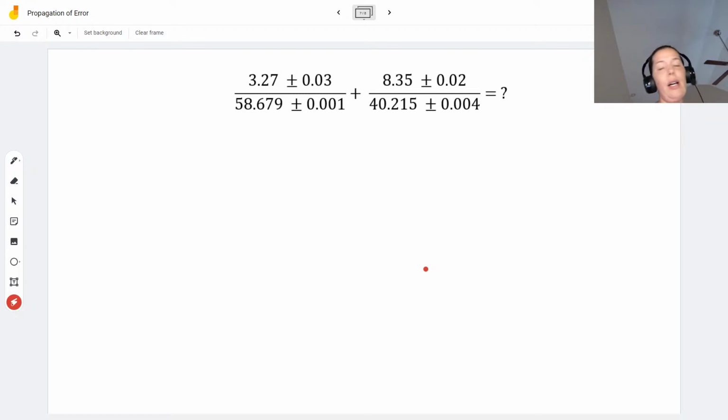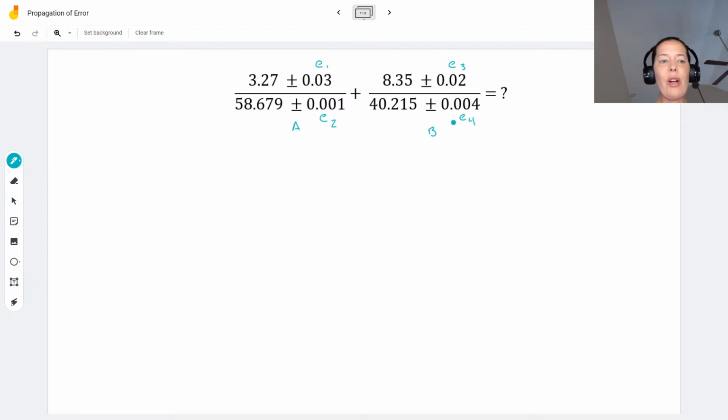Okay, so let's jump into this calculation. I think what I'll do to make this a little bit easier is call this term A and term B, and I'm also going to call these errors error 1, error 2, error 3, and error 4, just so I can keep track in my mind of where I am and what kind of error I'm dealing with.